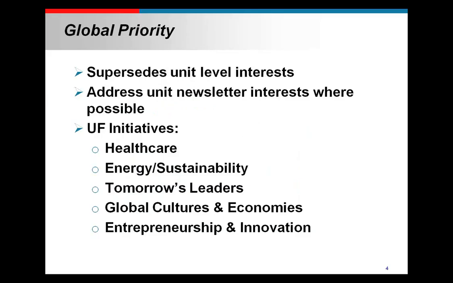They came up with some initiatives centered around healthcare, sustainability, leadership for tomorrow's problem solving, the whole idea of Gator Nation being everywhere and global in its scope, and of course a focus on entrepreneurship and innovation. And these are our main themes.